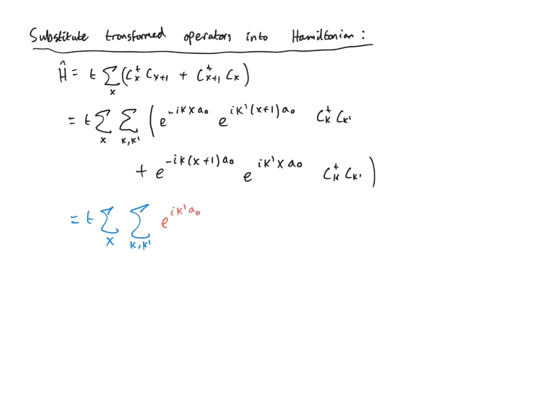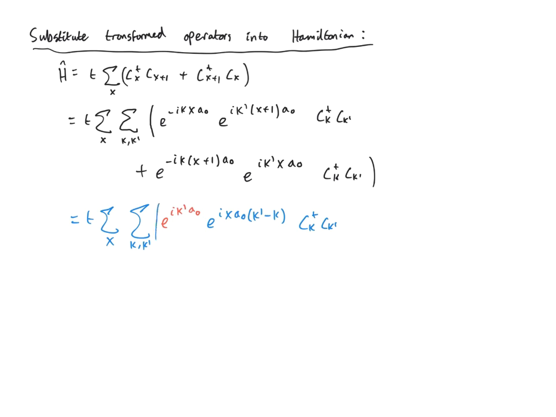And then I have the rest of the factors, which I'm going to write as e to the i x a naught multiplied by k primed minus k. And that's all multiplied by the operators c_k dagger c_k primed.